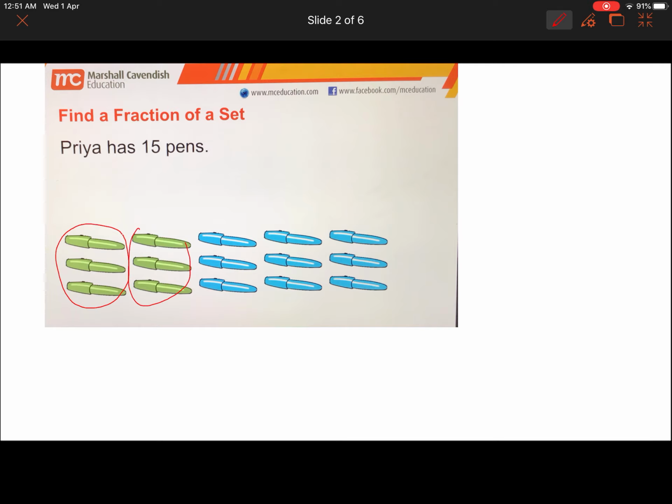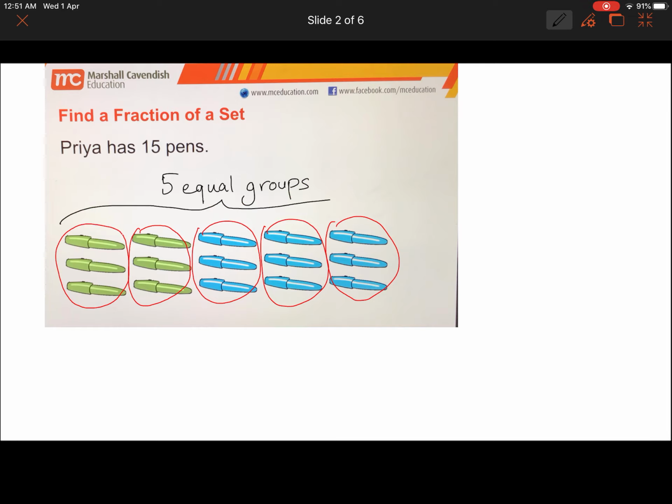1, 2, 3, 4, 5. So there are 5 equal groups. Okay?